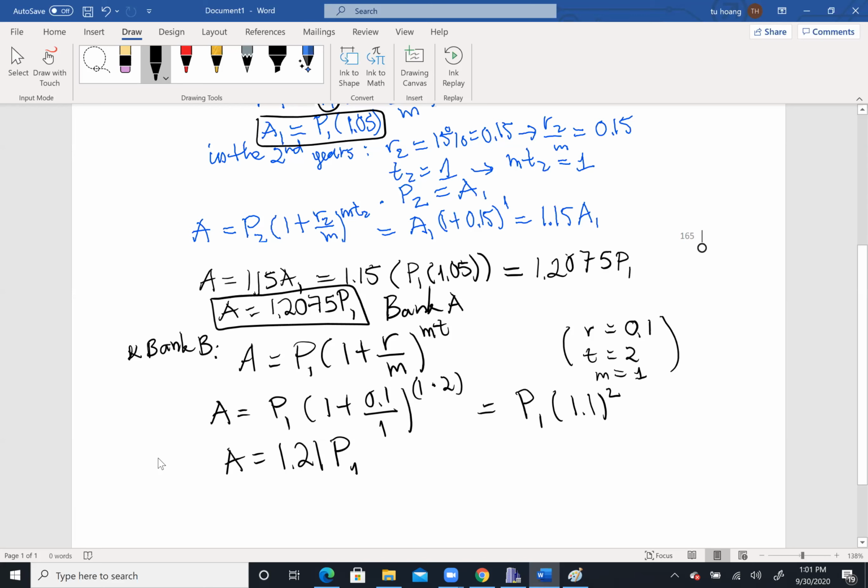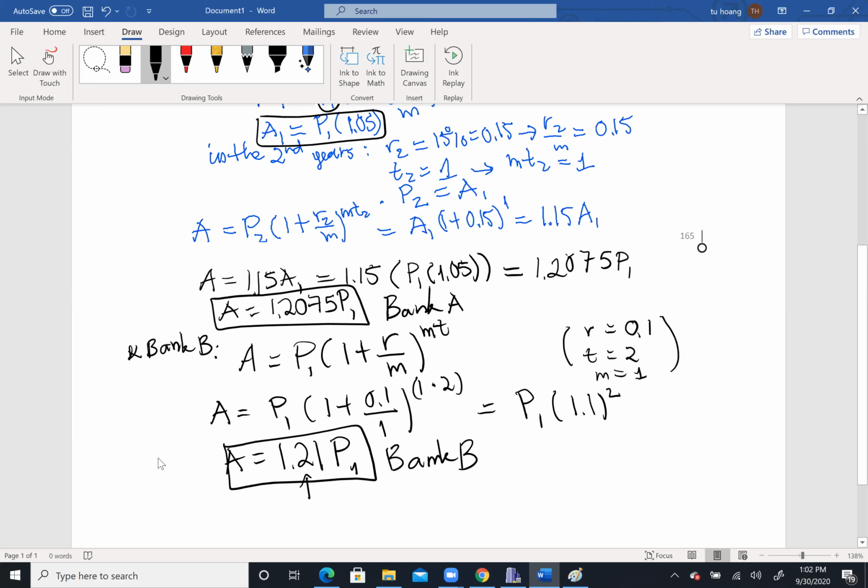So compare this bank B with bank A. You see that bank B will give you the higher amount after 2 years, because the 1.21 in here is higher than 1.2075.